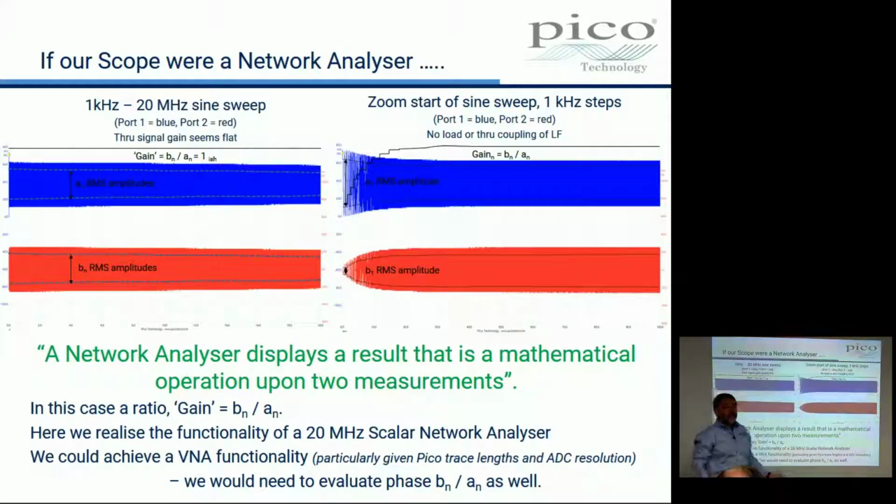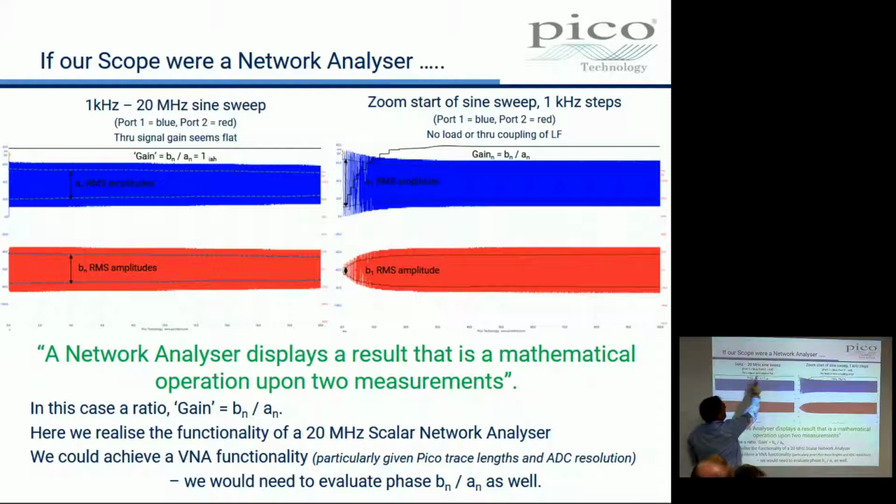It's about unity gain according to those results off the scope. And this is what a network analyzer plots. It doesn't plot these two waveforms. These are the high frequency waveforms, right? It doesn't plot those. A network analyzer plots this.